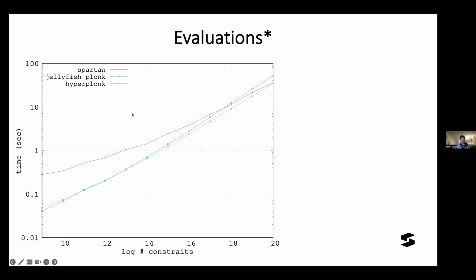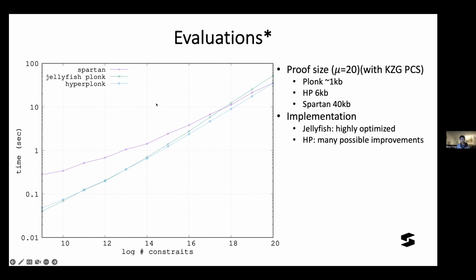But even with the current raw implementation, I think HyperPlonk still did quite well. The proof size is logarithmic, so it's worse than Plonk, but it's still comparable, and it's also much better than most of the multilinear-based SNARKs. It's only 6 kilobytes for a typical application, like for mu equals 20.